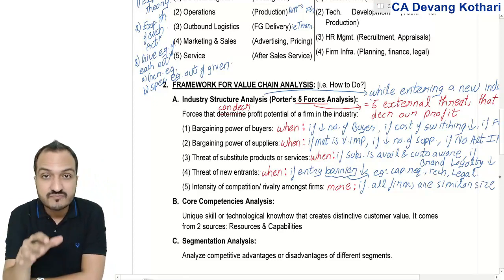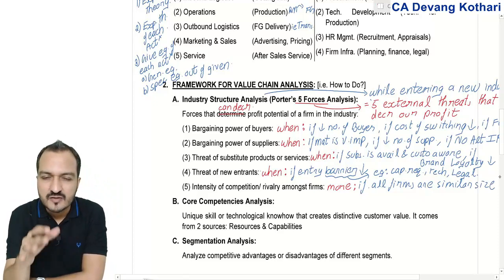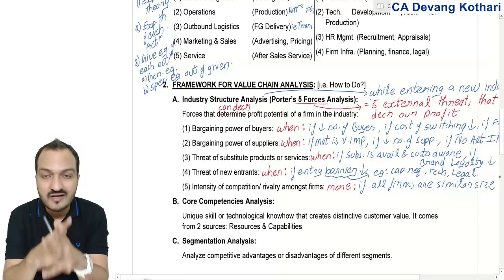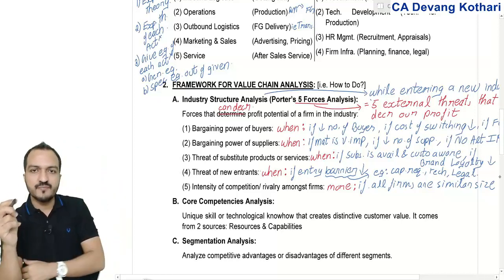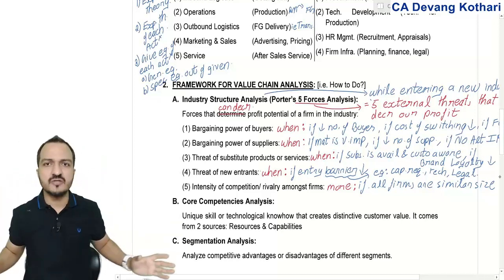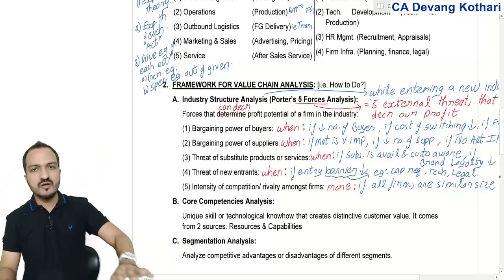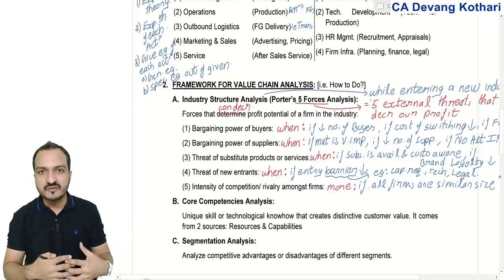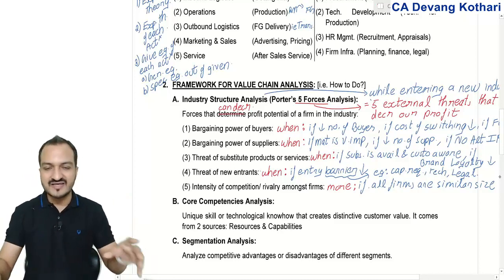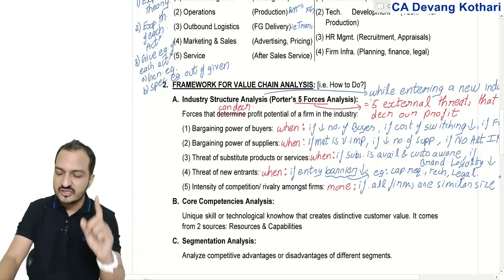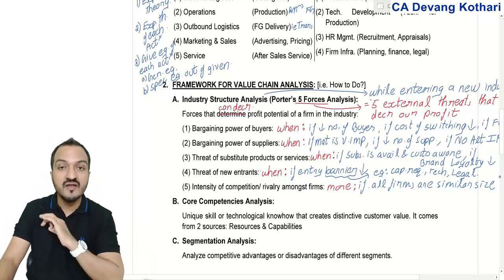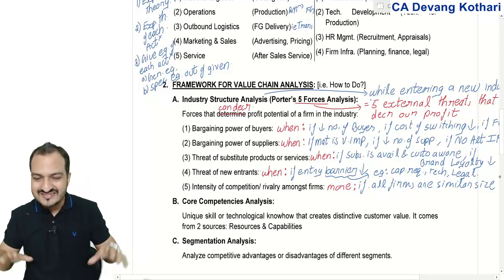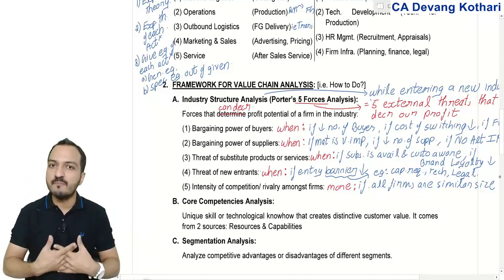Imagine if all the companies in the industry are of similar size, then there will be more intense competition among them. Imagine out of all the companies in the industry, if one company is having 90% market share and remaining all companies are having just 10% market share, then there is no intense competition. Imagine there are 10 companies in that industry. One company is enjoying 90% market share. Remaining 9 companies together are getting only 10% market share. So in such an industry, there will not be very intense competition.